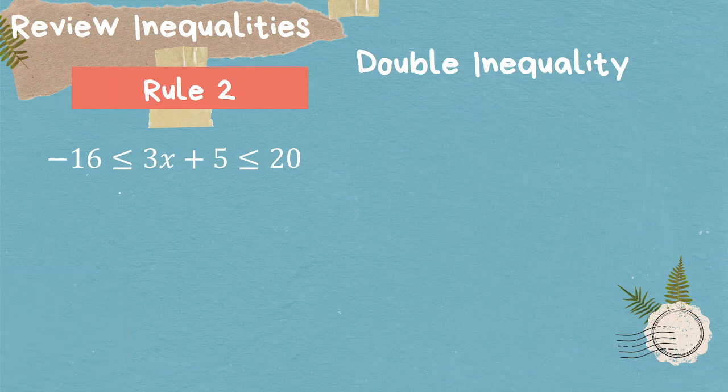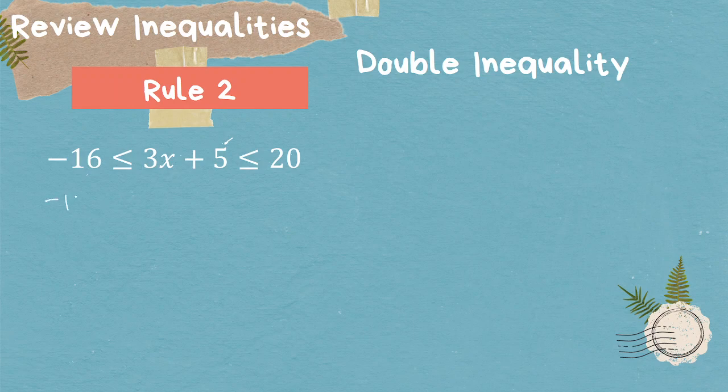Okay, how are we going to solve this one? It's just a review. We have to leave the x behind. So how are we going to leave the x behind? We just subtract 5 from all sides.